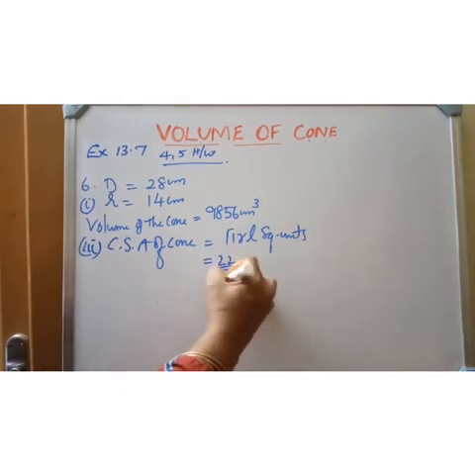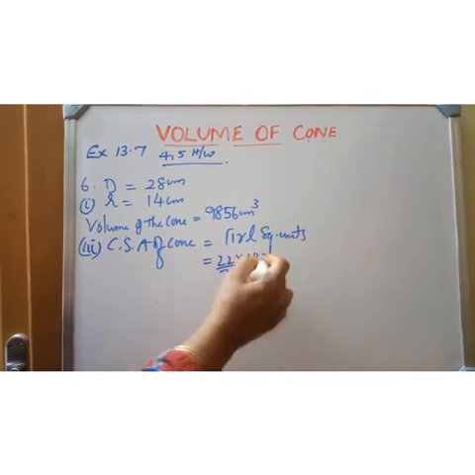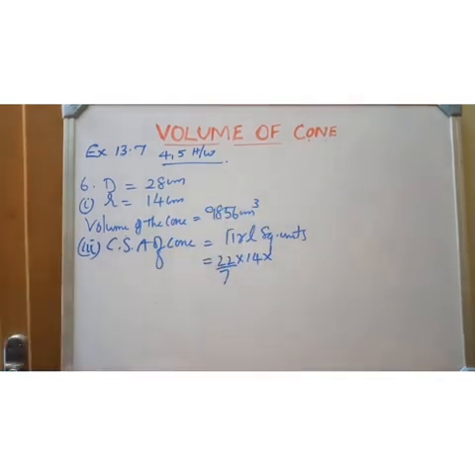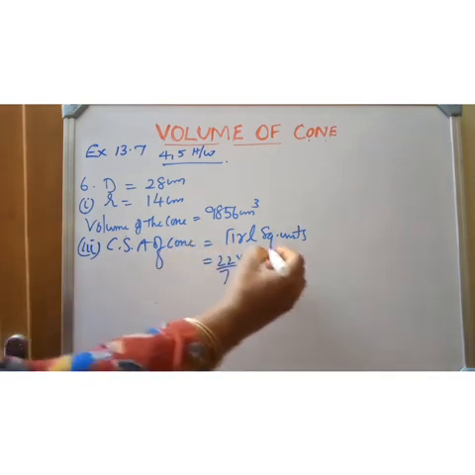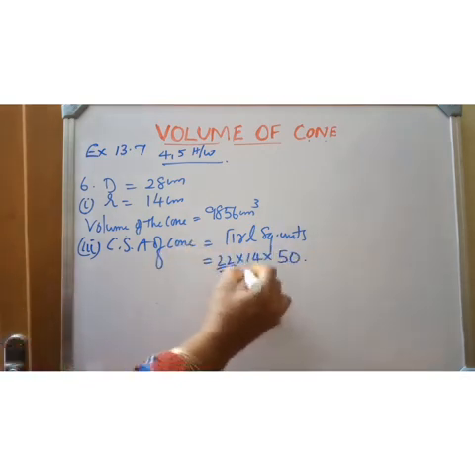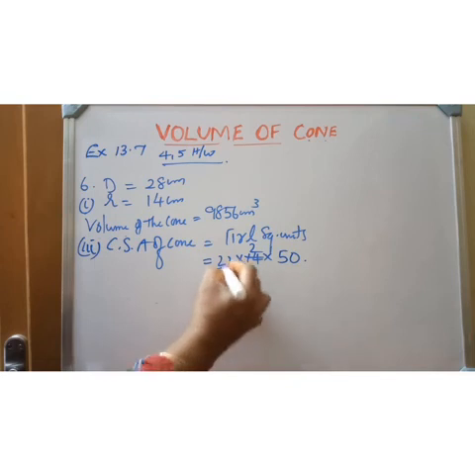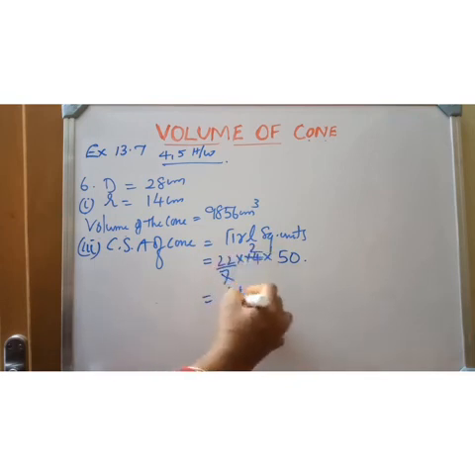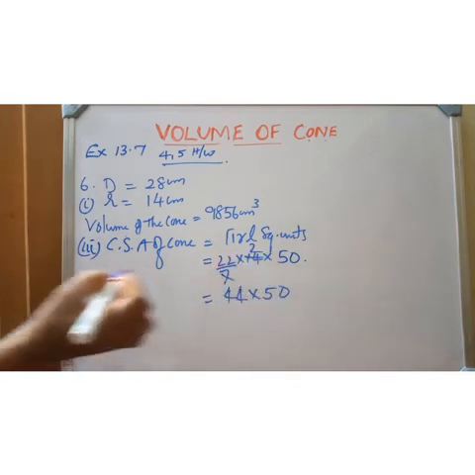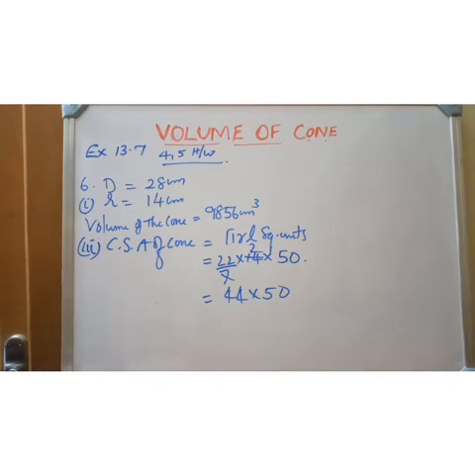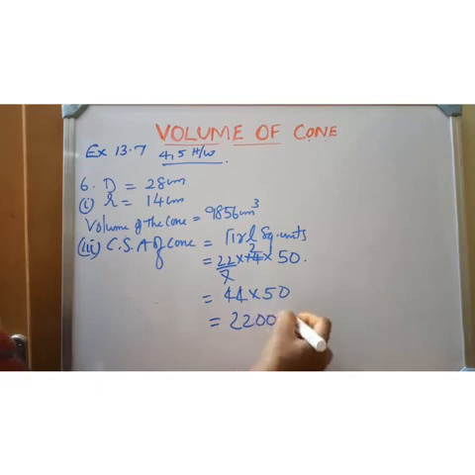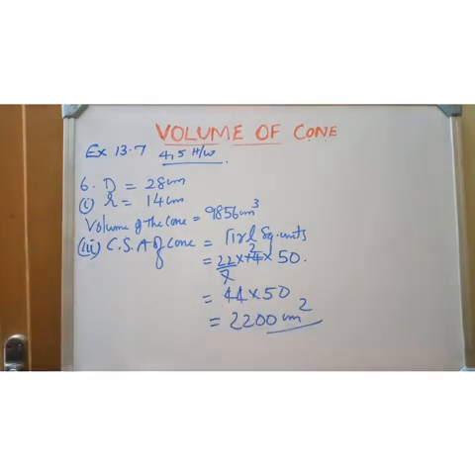So 22 by 7, our R value is 14, our L value now we got it. What is our slant height L? 50. Substitute here. So 7 and 14 two times. 22 into 2, 44 into 50. That is 2200 centimeter cube. Sorry, centimeter square. Because it is the curved surface area. So the unit will be square centimeter or centimeter square.